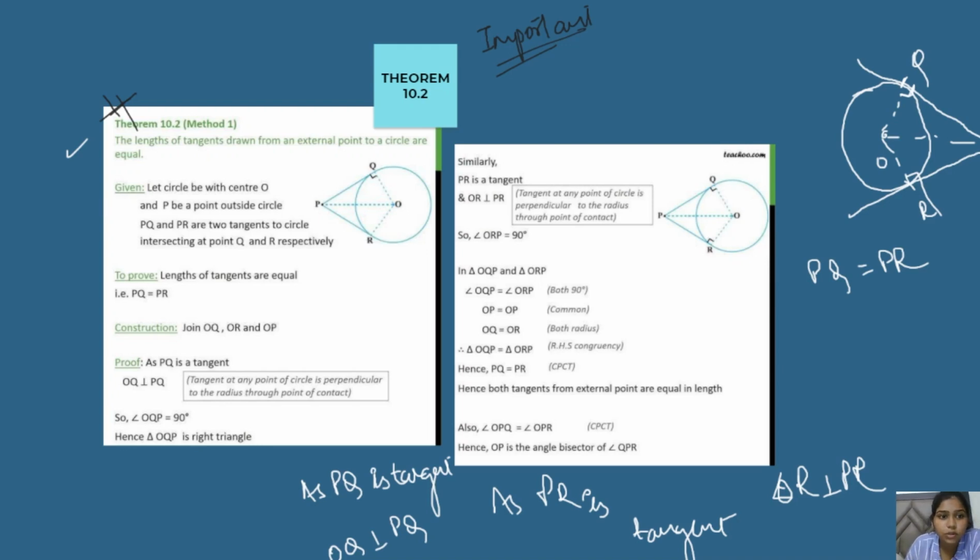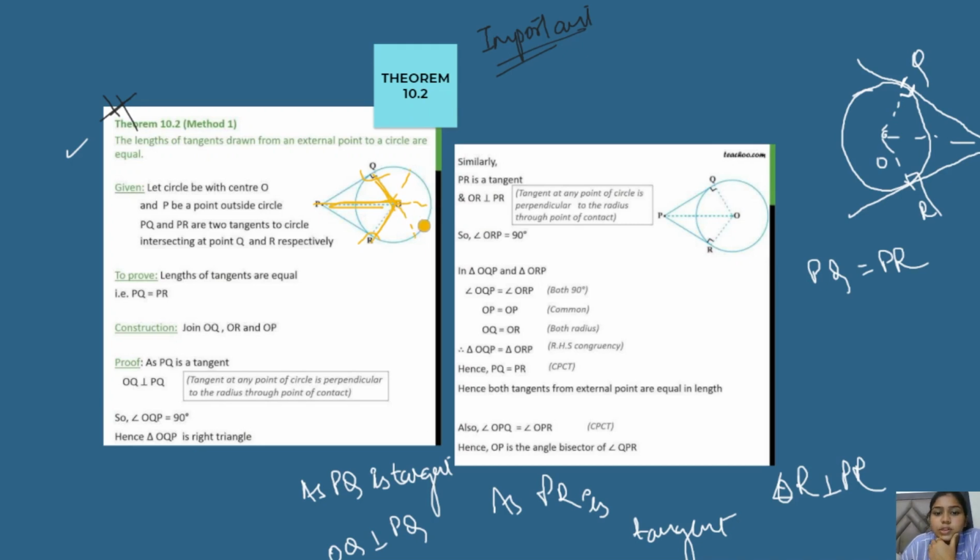Now what we'll do is prove both of these triangles congruent, right? Both have a 90-degree angle, this is the common side, and you can see these both are radii. Radii are the lines drawn from the center to any point on the circle. This is also a radius, this is also a radius.